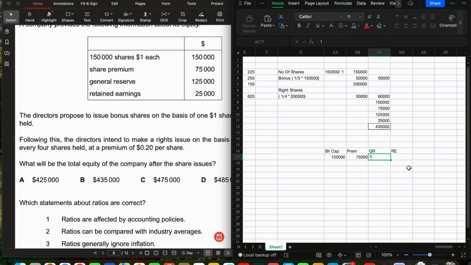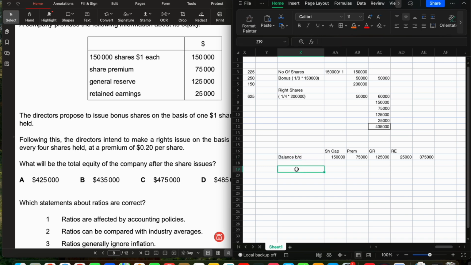Then general reserve is 125,000. And retained earnings is 25,000. And just calculate the total out here. This is your opening balance before we issue shares, or let's write down balance b/d.